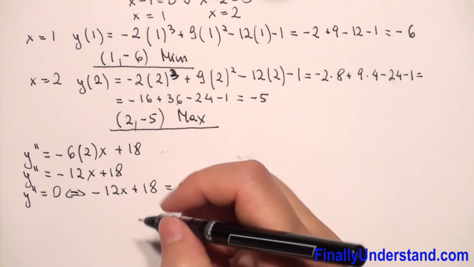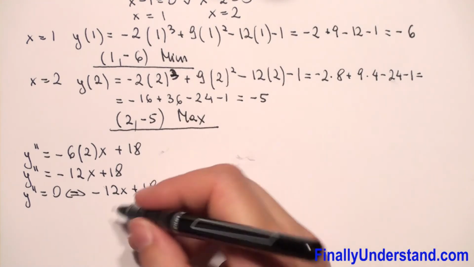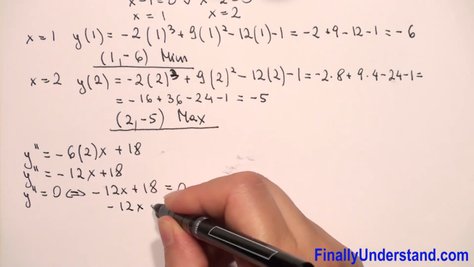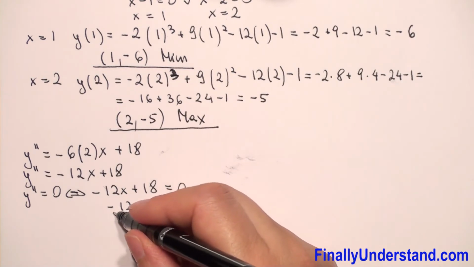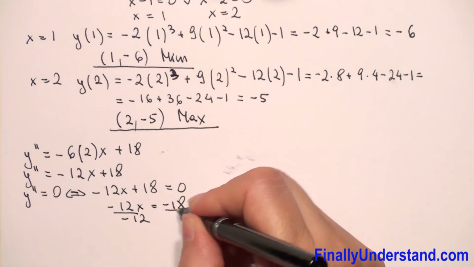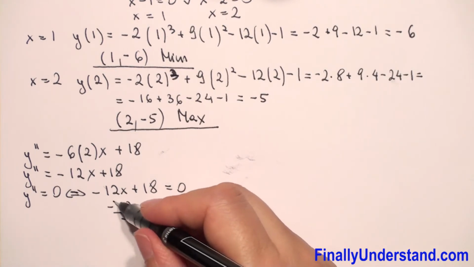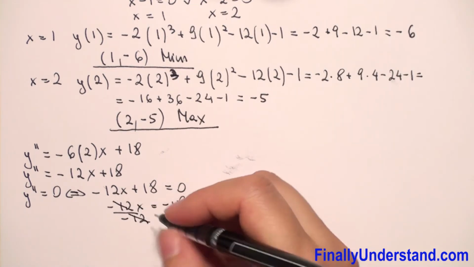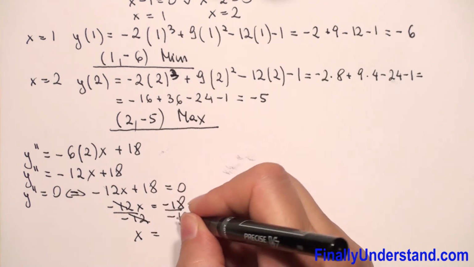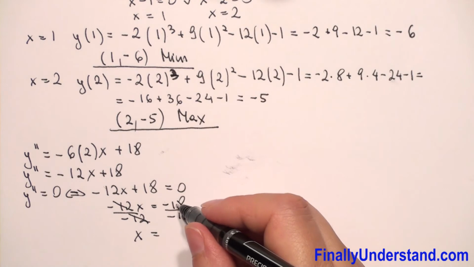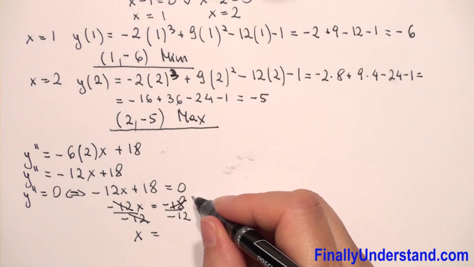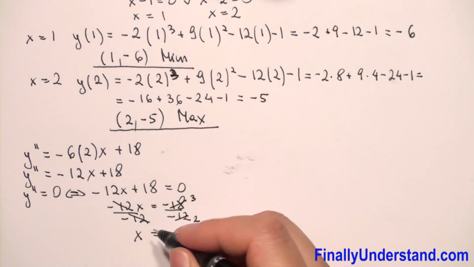So we have negative 12x is equal to negative 18. We divide both sides by negative 12. Negative and negative 12 will reduce, so we have x equals, negative by negative gives us positive, 18 divided by 12, which will be 3/2.